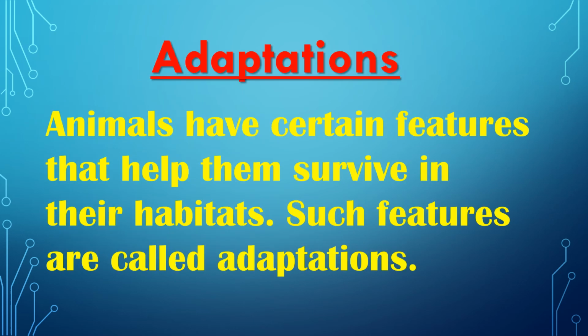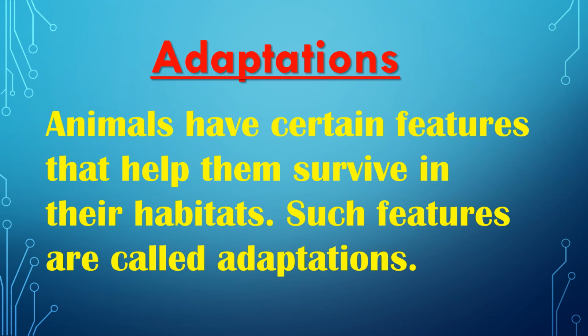So after seeing the different kinds of habitat and how the animals are surviving in these kinds of habitats, we should understand what is adaptation. Basically, adaptations are the features that help animals to survive in their habitats. Like in aquatic habitats, the animals have webbed feet and fins to swim.